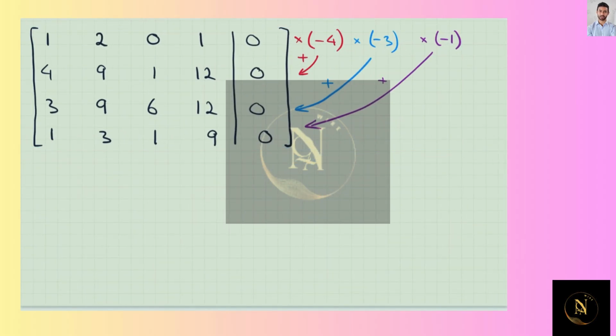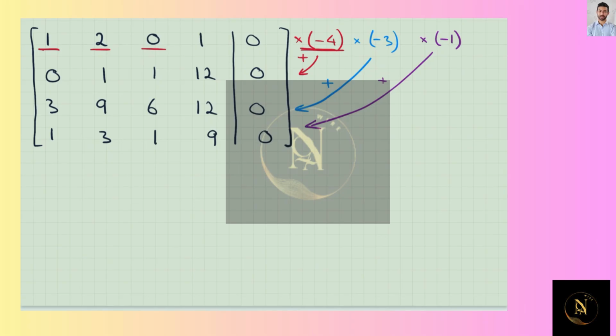Now, in the second row, we are going to get 1 times -4 plus 4, which is 0. So we can call it 0. 2 times -4 is -8. -8 plus 9 equals 1. So we will replace this by 1.